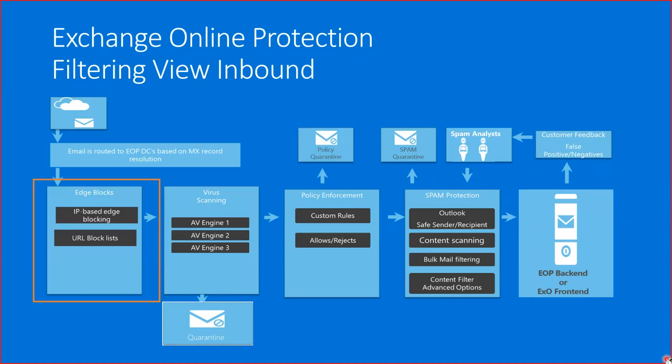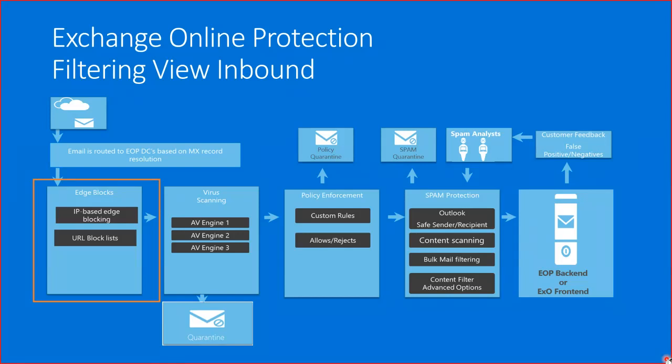But when we have a third-party service or another layer between Exchange Online Protection and the internet, things got difficult. That's the enhanced filtering feature we'll discuss in an upcoming slide. But here's where we do all the filtering.